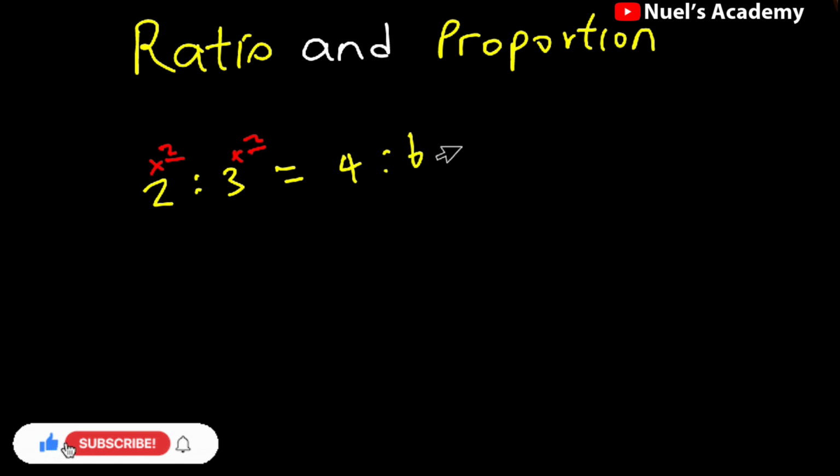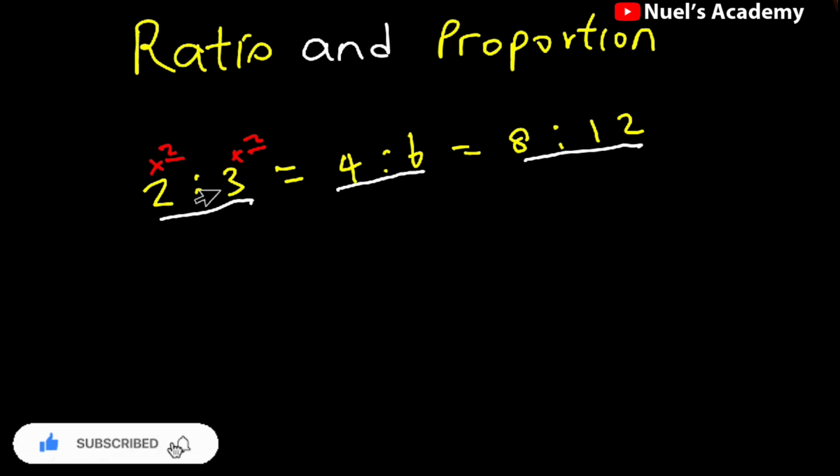So we can also say that this is equal to 8:12, right? Because 2 times 4 is 8, 2 times 6 is 12. So you can say that 2:3 is proportional to 8:12, because if you reduce this 8:12, you get 2:3. If you reduce this 4:6, you get 2:3. So this is what proportion is all about.